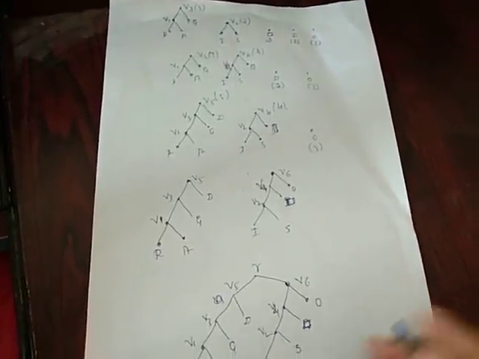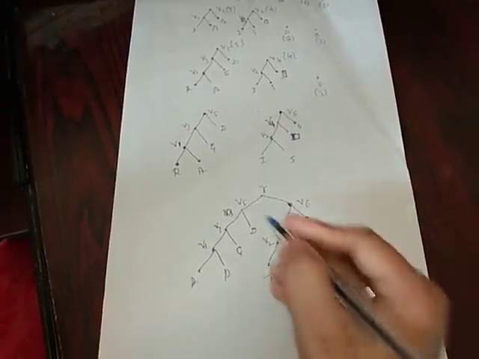So this is our blank space. So now the tree will be in this manner.